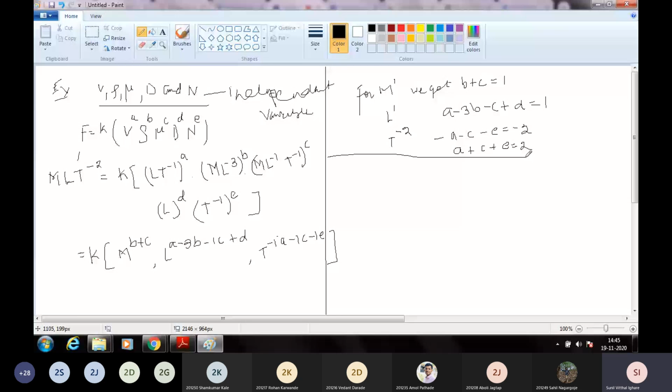Okay. So the next thing is that I just modify the equation. Suppose B, I can write it as B is equal to what? 1 minus C. In the same way, how to write A?